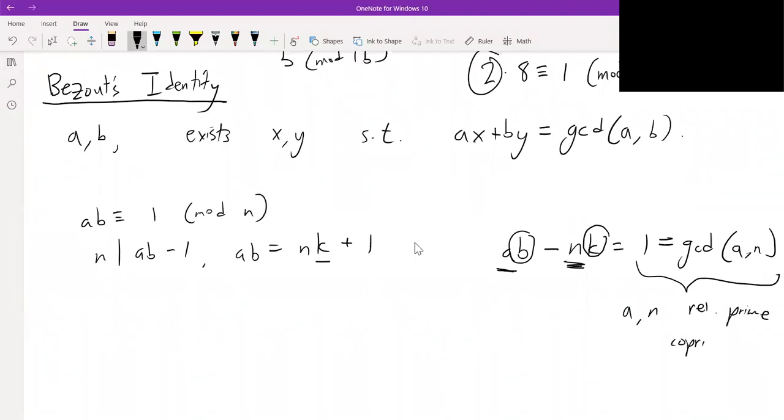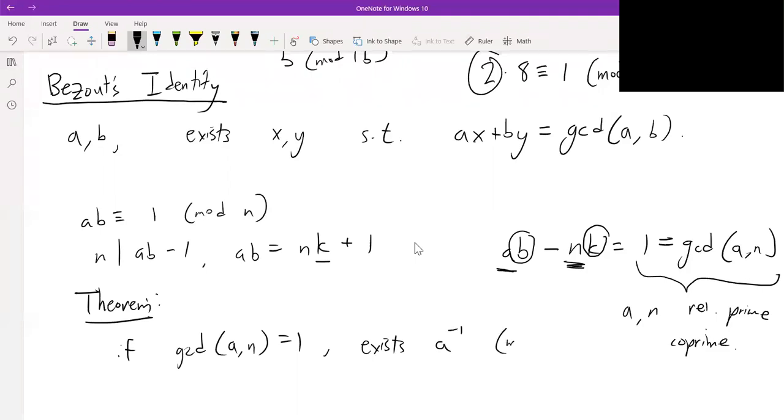Essentially, they share no common factors with one another. That's going to be our condition for when an inverse exists. So we've just proven a theorem: if two numbers a and n are co-prime, then there exists an inverse of a inside mod n.